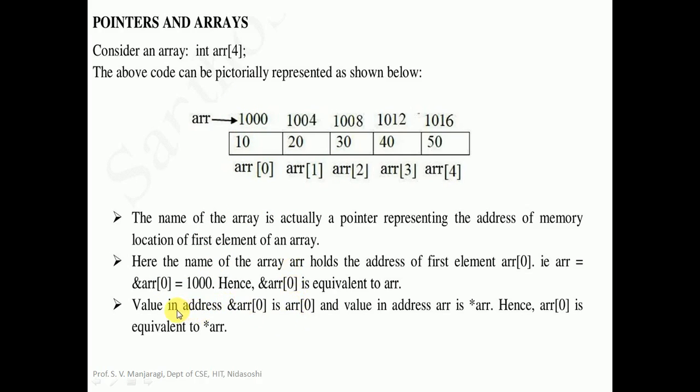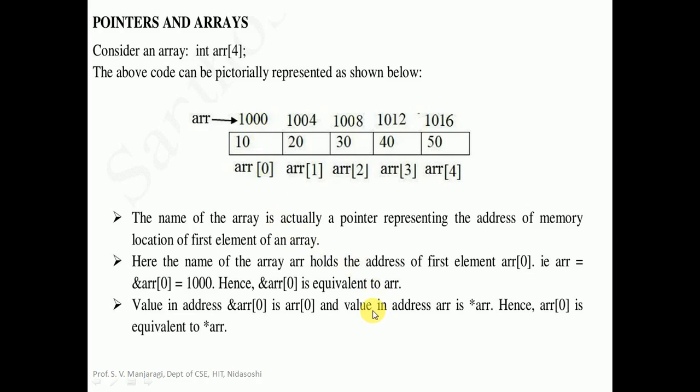Here the value at the address, that is ampersand array of 0, is array of 0. That is the value stored at the address ampersand array of 0. The address of array of 0 is 1000 and the value stored at this address is 10. So that is nothing but array of 0. Array of 0 is what? 10, which is equal to the value stored at the address 1000.